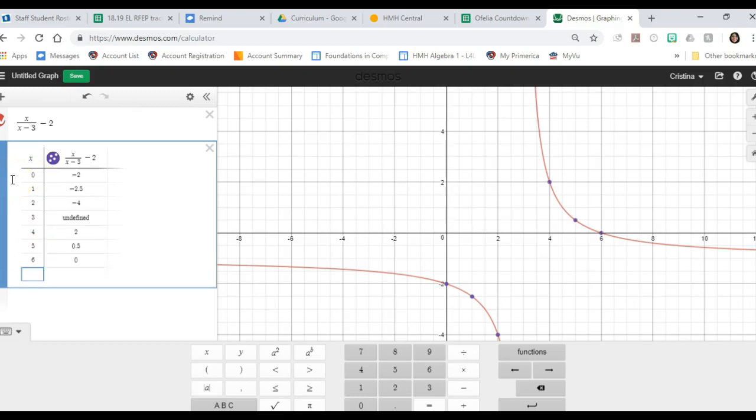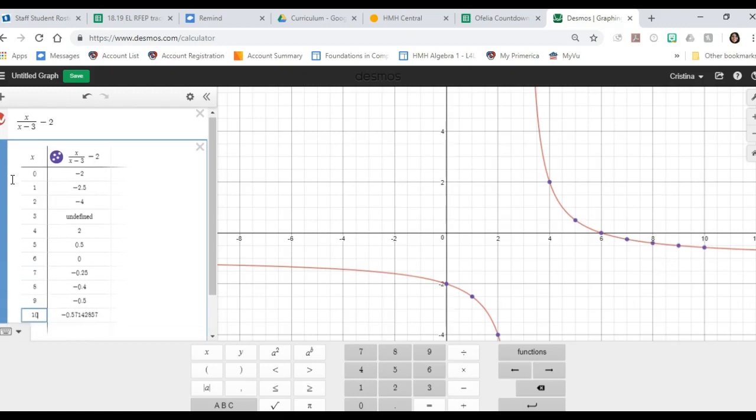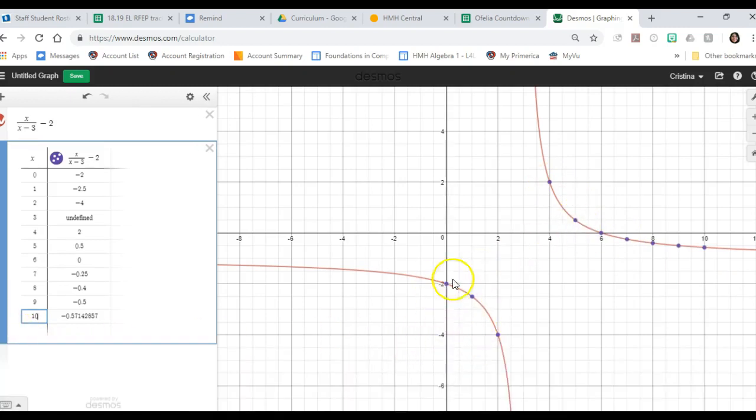I could just keep going, you know, why not, right? 9. Now I know they don't ask us for all of these, but as you notice, they kind of start appearing in purple on both sides. So I'm going to let you see that. And you'll see, ooh, I do have an x-intercept of 6, 0.